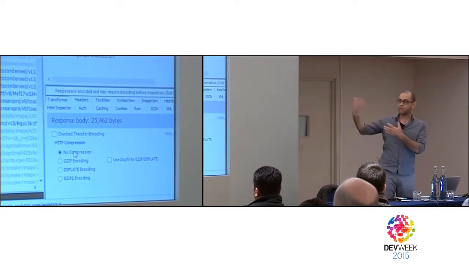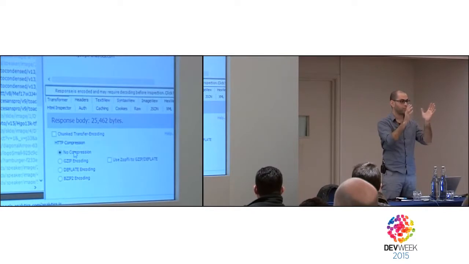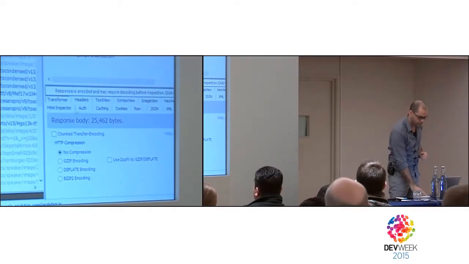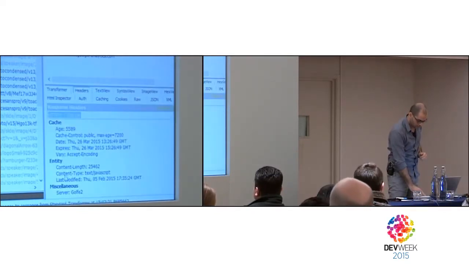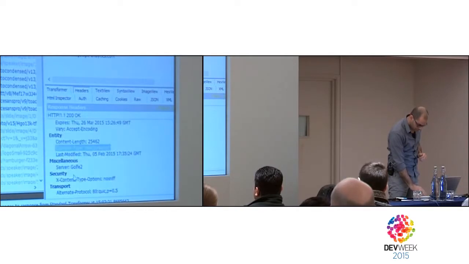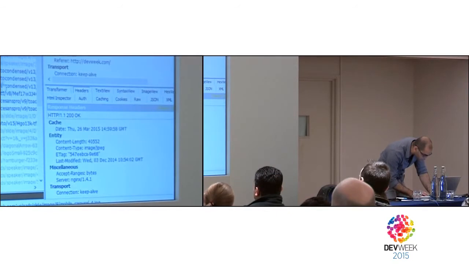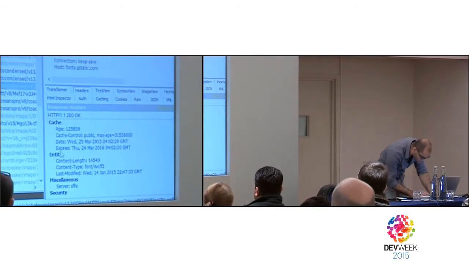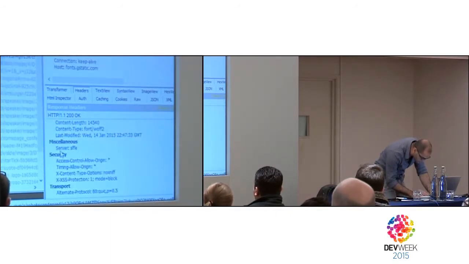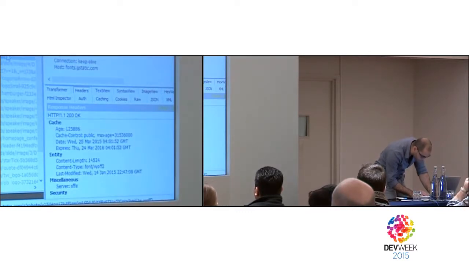You can even filter them out. Just leave me the ones that are not compressed, those that don't have that special header that is called, where is that? Let's select one that is compressed. Content type, where's the content type? Not content type, sorry, content encoding. Content encoding.